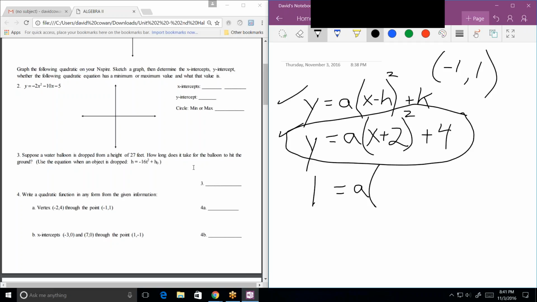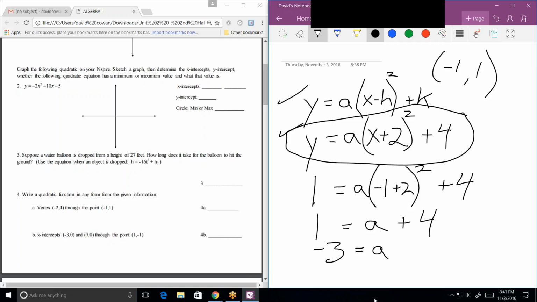X is -1. This is what I mean by being very methodical. Don't do multiple steps at once. Now, -1 plus 2 is 1. 1 squared is 1. A equals -3.